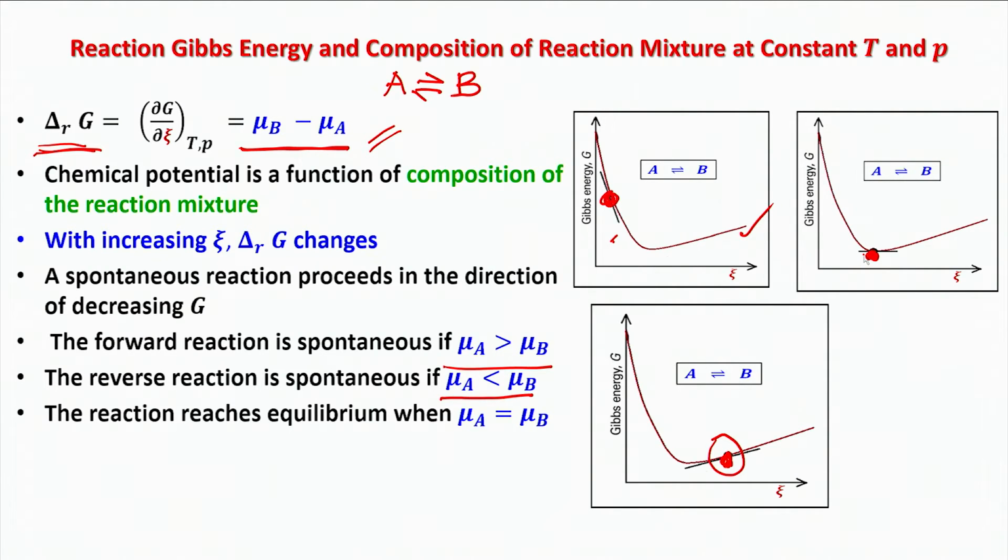At that point, I must then have del G del xi at constant T and p equal to 0. And this can happen only when mu B is equal to mu A. Therefore, I understand that this is the condition when the chemical reaction will attain equilibrium.